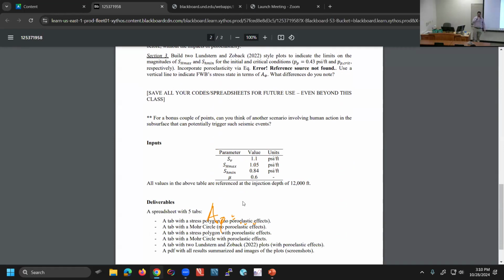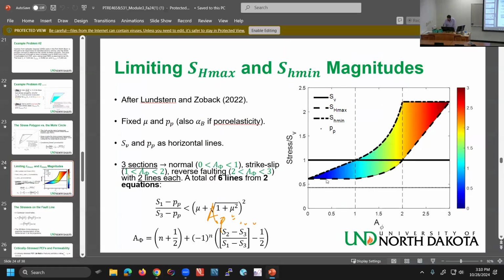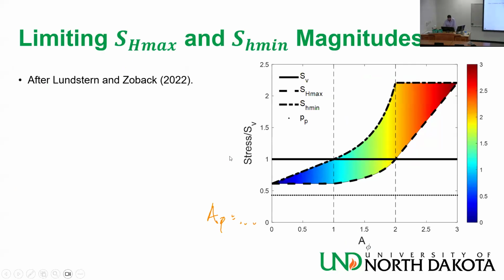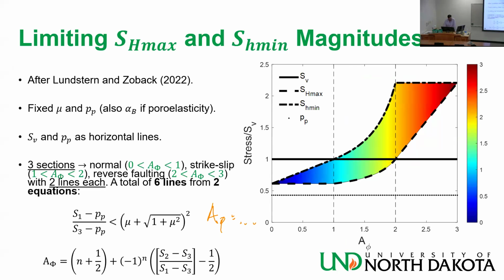That's a normal one, and very close to strike slip, right? Correct. So I expect alpha phi to be close to 1 and less than 1. So it would be somewhere in this region. Could be somewhere here. Just show it to me like a straight line.